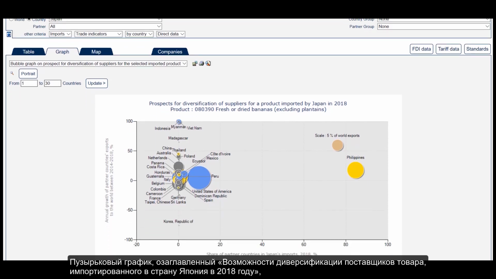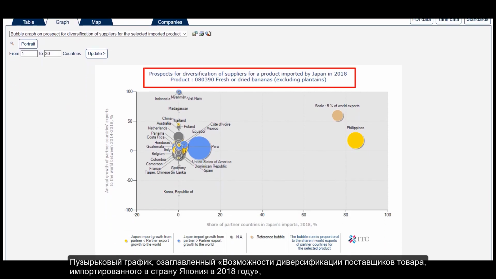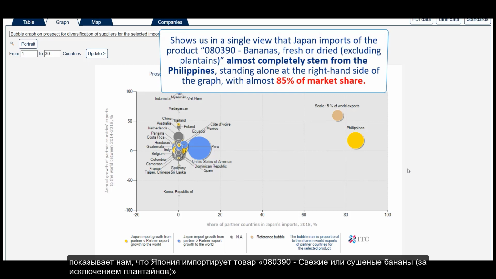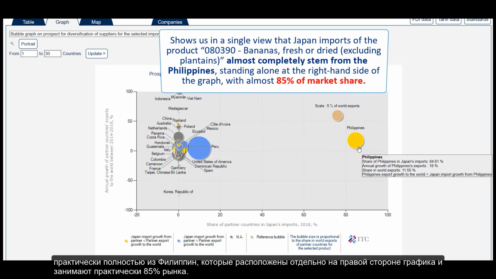The bubble graph, which is entitled Prospects for Diversification of Suppliers for a Product Imported by Japan in 2018, shows us in a single view that Japan imports of the product 080390, bananas, fresh or dried, excluding plantains, almost completely stem from the Philippines, standing alone at the right-hand side of the graph, with almost 85% of market share.